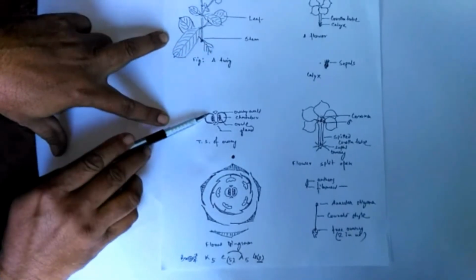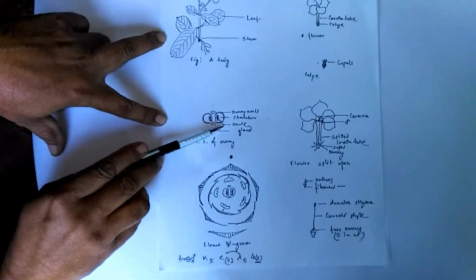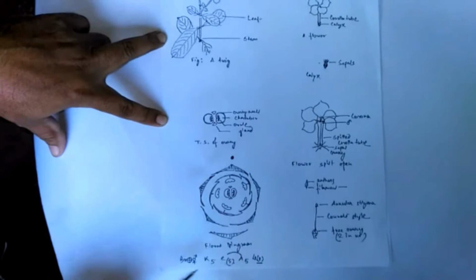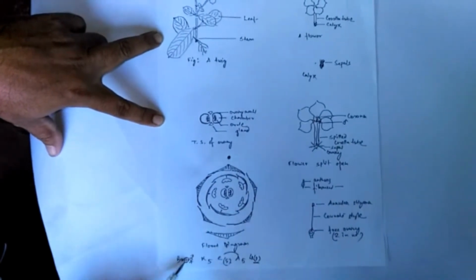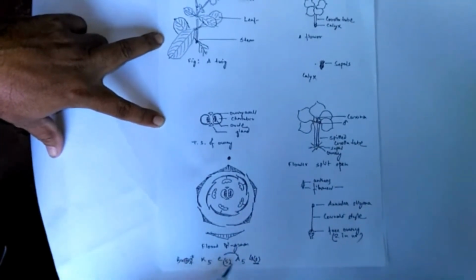So below the twig TS of ovary, then floral diagram, and at last floral formula must be placed.